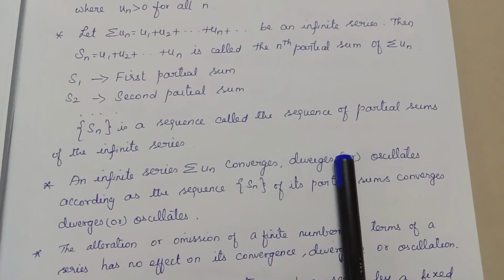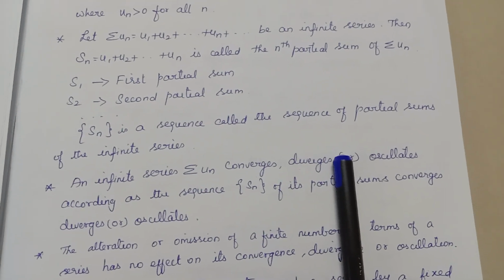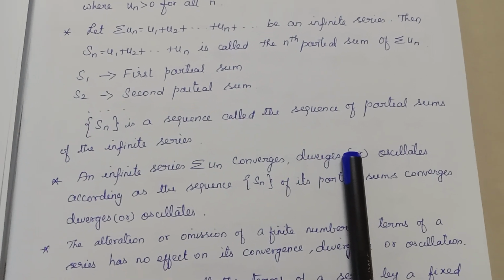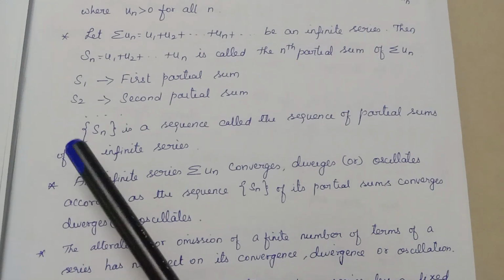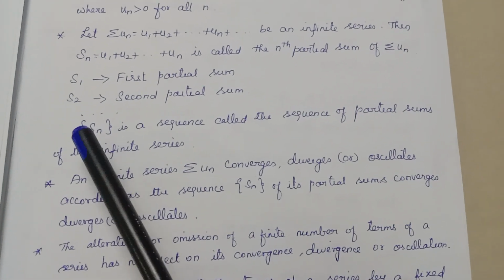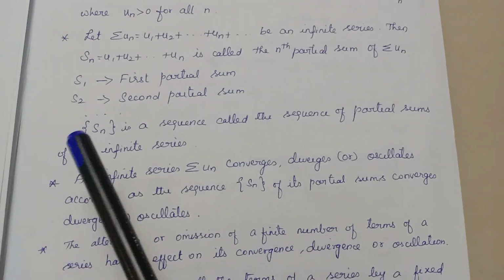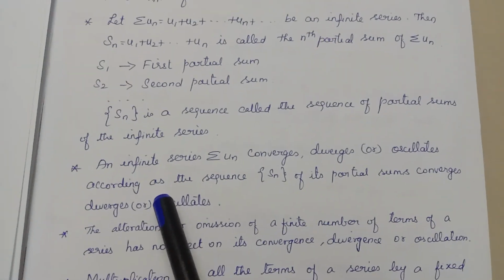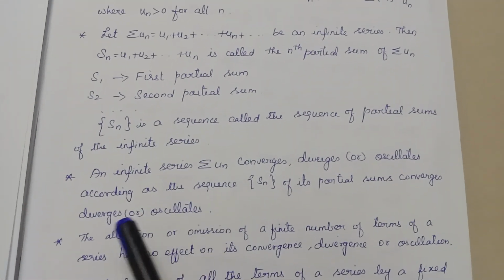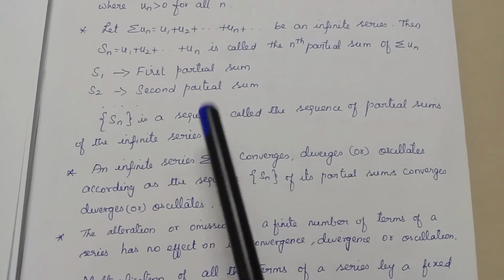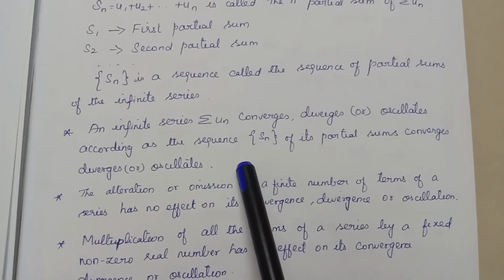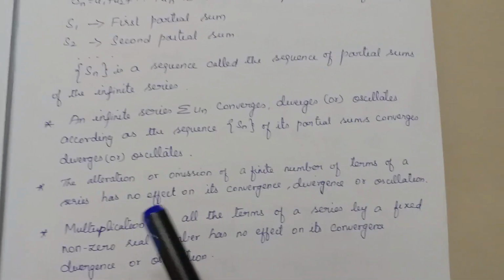So for checking the convergence of a given infinite series, this is one method: instead of checking whether the series is convergent or not, we check whether this sequence of partial sums converges or not. If the sequence of partial sums converges, then the series also converges. If the sequence of partial sums diverges, then the series is also divergent. If the sequence of partial sums oscillates, then the series is also oscillating. So this is one way of checking the convergence of a given series.